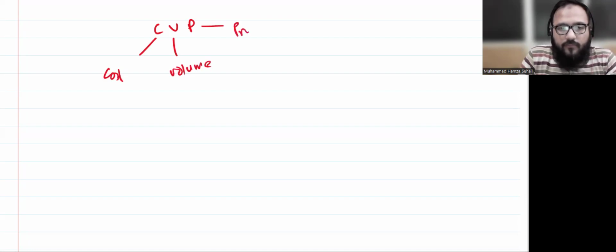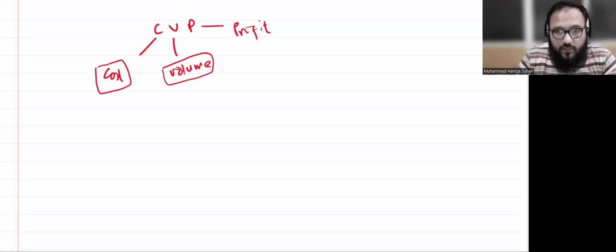Talking about the CVP, CVP is basically an abbreviation for cost, volume, and profit. We know that there is a strong relationship between the production volume, which is produced, and the cost which is spent on producing that production volume.